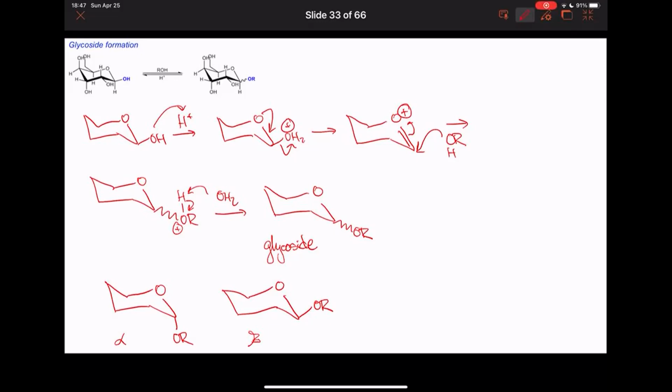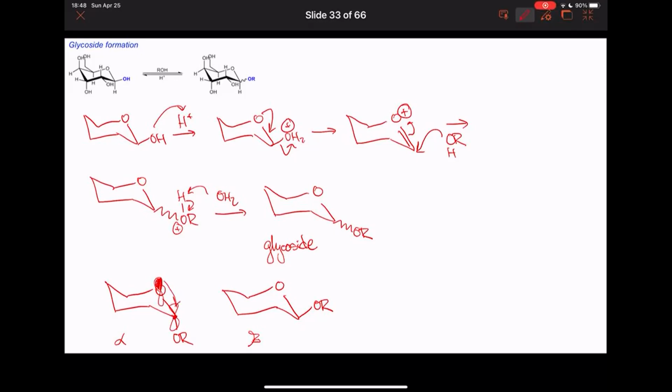The reason for that has to do with pi orbitals, which I'm not sure to what extent you guys need to know. But pretty much at this carbon and then this oxygen, there's going to be a favorable overlap of your pi orbitals right here, just due to the angle of the bonds. The electron density from that lone pair on your oxygen is going to be able to overlap with this one.